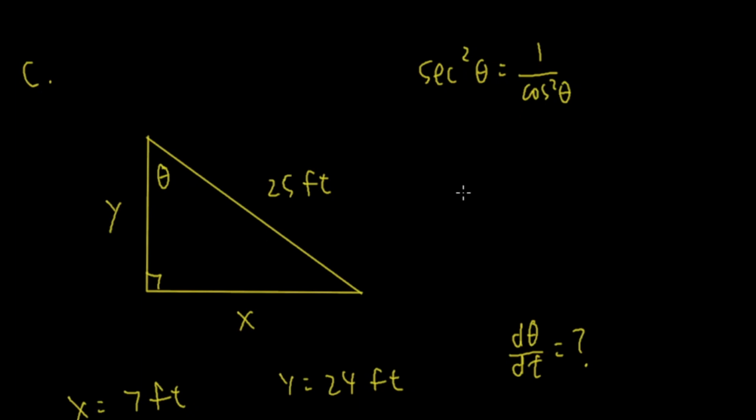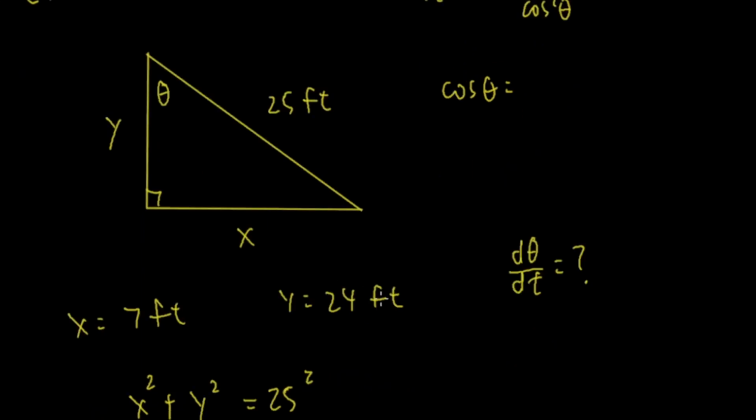We can easily get the exact value here. Cosine theta would be y over 25. So that is this, right? Cosine theta is y over 25, and y is 24 feet.